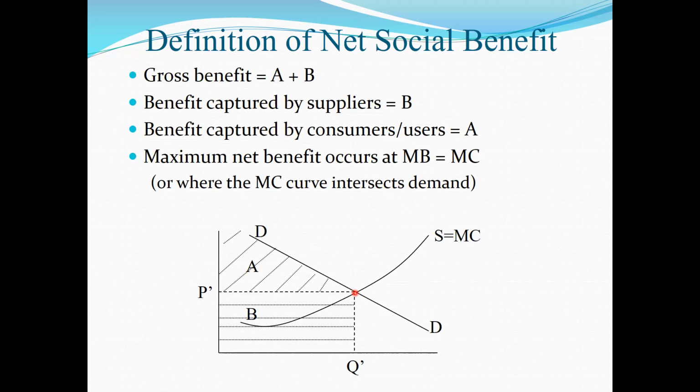So if you look at the point that I'm highlighting, what happens if the price rises? What happens to the benefit captured by the consumer? You can measure that by the area under the demand curve.